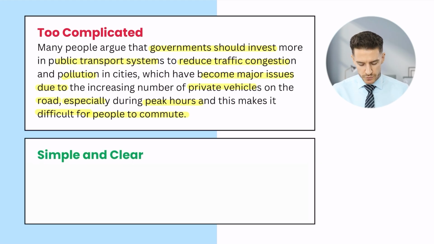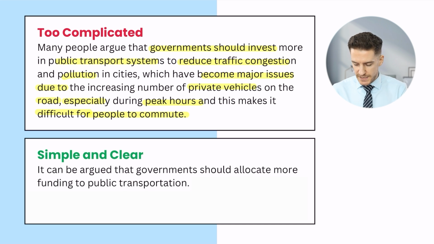So let's have a look at a more simple and clear example now. It can be argued that governments should allocate more funding to public transportation. Look at that. Very, very simple. It's very easy to understand, and there's not too much information in this sentence.